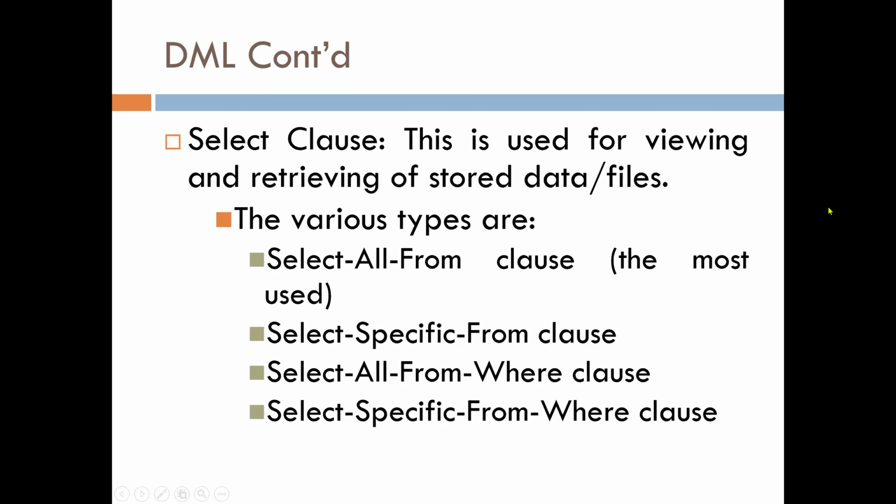Okay, select clause. This is used for viewing and retrieving things that you already have stored in the data in the files. So select all from, which is the most common; select specific from; select all from where, we'll get into this in a minute; and then select specific from where.